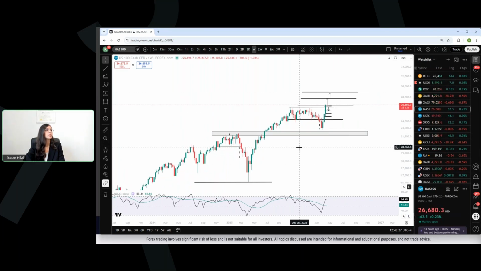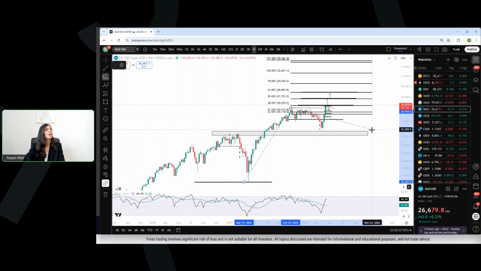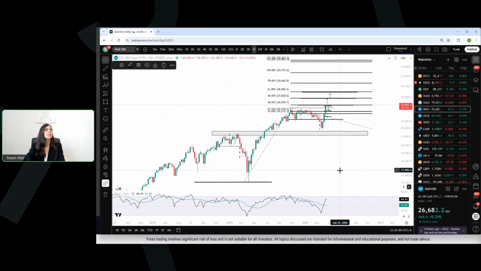Now, to be able to assess the next potential legs higher, I'm also going to use the Fibonacci extension tool, placing it between the lows of 2025, the highs of 2025 as well, and the lows of 2026, where we can see that the current price action is holding near the 38.2% Fibonacci extension near the 26,650.